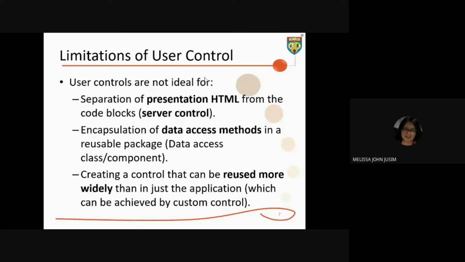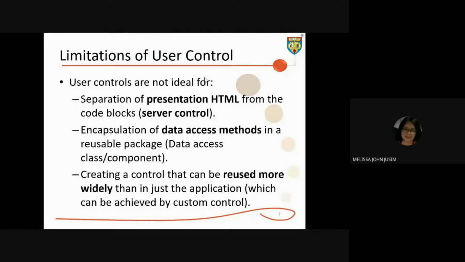When you have data access, that one is not suitable. In our example, you will see that we make use of variables, where you need to declare properties. Properties means variables. It is also not ideal for a control that is to be reused more widely than in just the application. If you want something that can be reused more widely, then you should use a custom control.